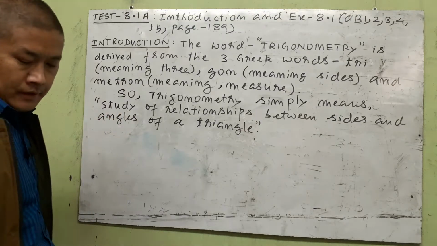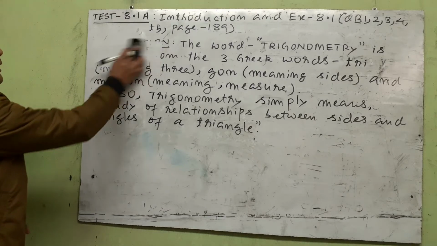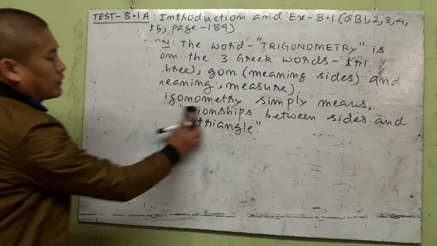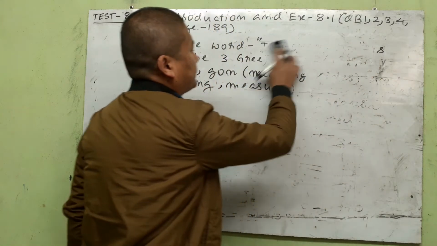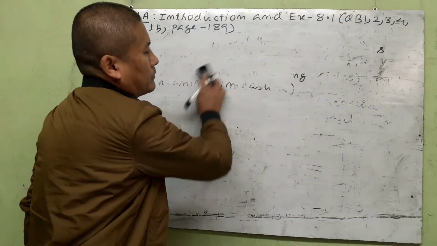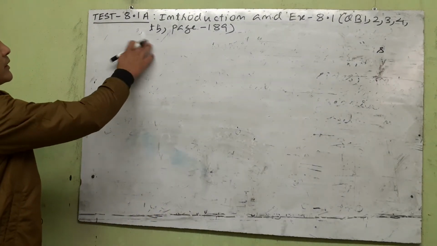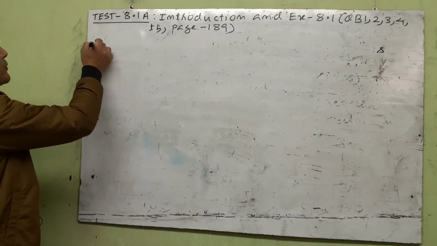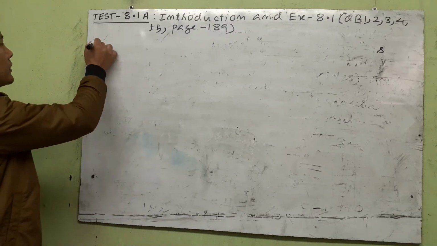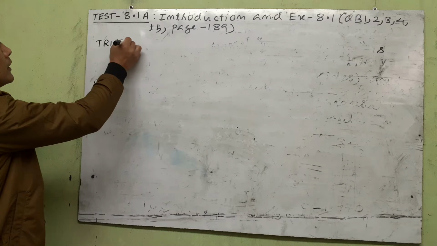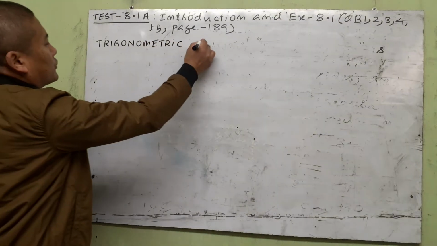Then the first thing that we need to know in trigonometry as a beginner, because we are all beginners now, hearing this word trigonometry for the first time in class 10, right? So as a beginner, the most important thing we need to know first of all is the trigonometric ratios.